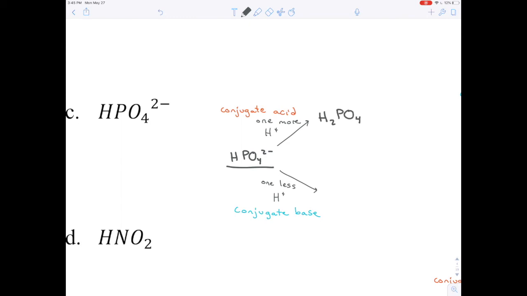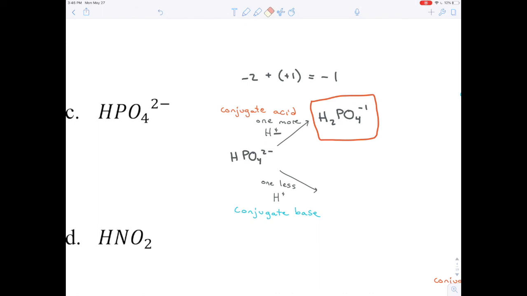So H2PO4. Now let's think about the charge. The charge starts as a -2. If we add +1 to that, then you would end up with -1. And so that's what we'll write in the top right of the molecule. So we added an H to the molecule, and we added a +1 to the charge. So the conjugate acid of HPO4 2- is H2PO4 1-.